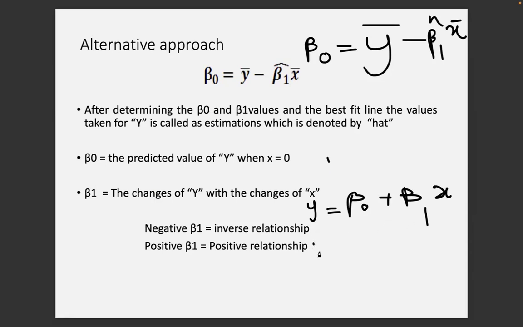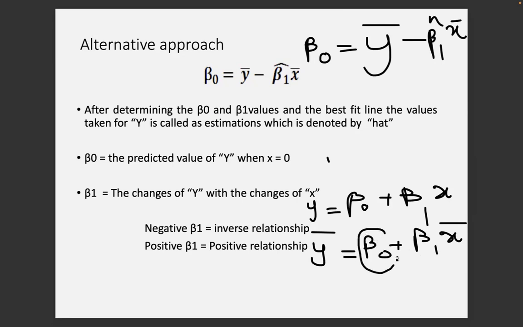Then what will happen? We have y bar is equal to beta naught, which will be constant, plus beta 1 x bar. Y bar is equal to beta naught plus beta 1 x bar. Here, what they have done is make beta naught the subject.